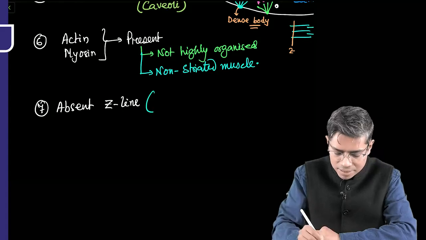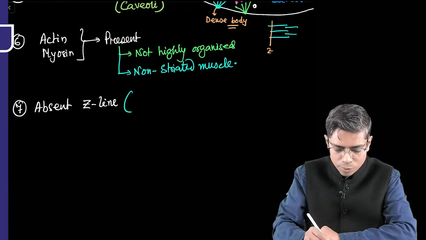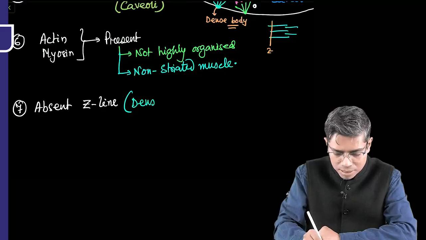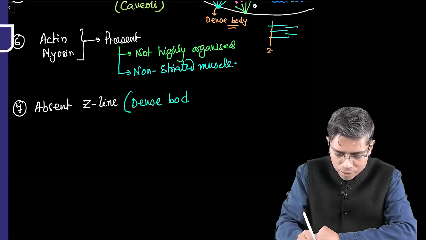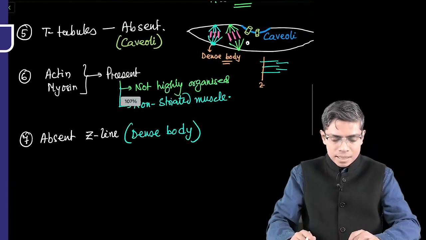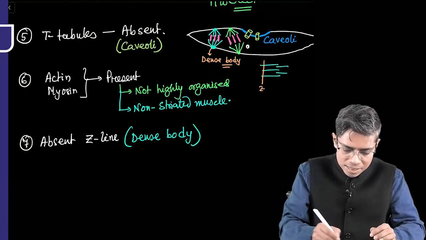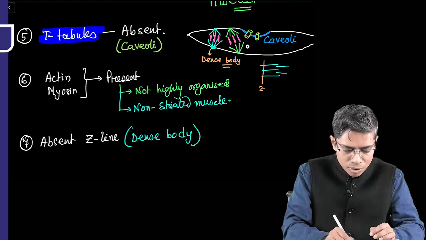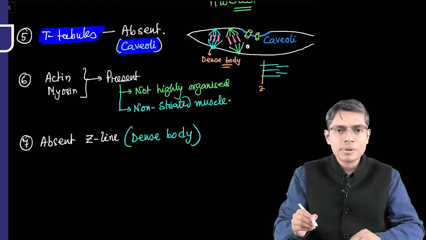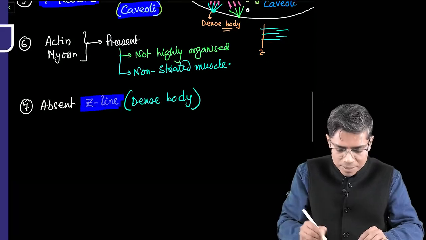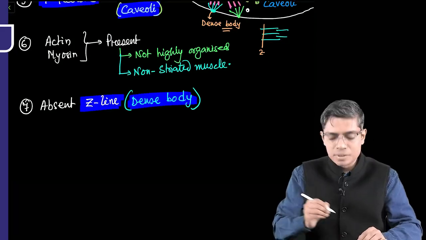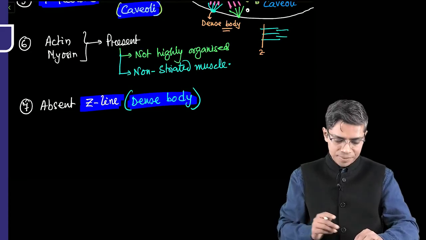Rather than a Z disc, there is a spherical portion which is known as the dense body. Please remember, in smooth muscle the T tubules are absent, but the homologous organ of T tubules is caveoli. The Z line is absent, but the homologous part of the Z line is the dense body, right?